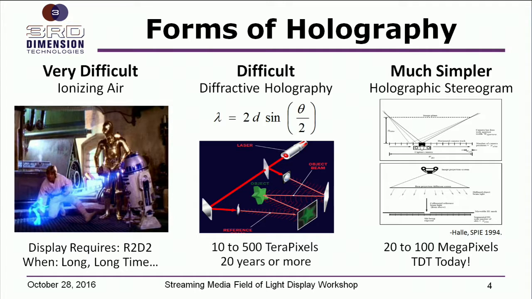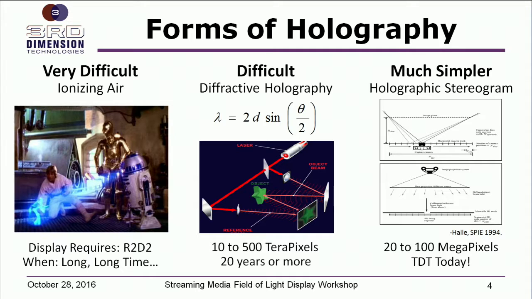You need 500 nanometer pixels, and if you're going to fill a 30-inch display, you need around 7 to 10 terapixels. And then you have to transmit it. You have to analyze it, and you have to transmit it. You start getting up in that hundreds of terabytes range of computation and of transmission.